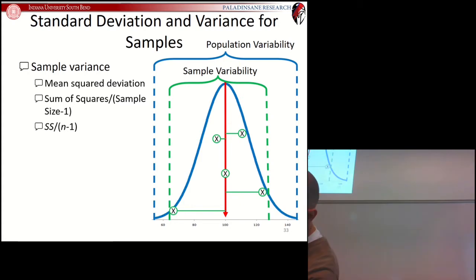So just to illustrate, if you had a sum of squared deviations equal to 90, and you had a sample of size 10, without the correction you'd have 90 divided by 10.